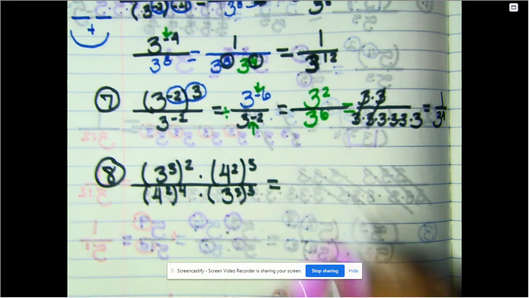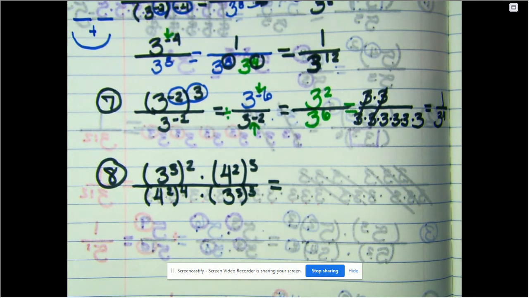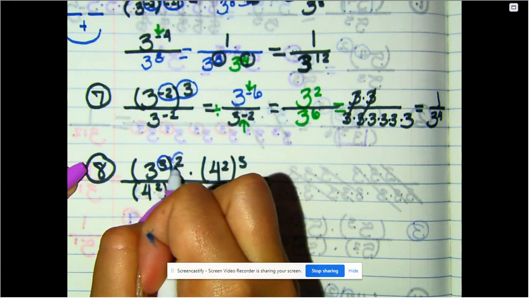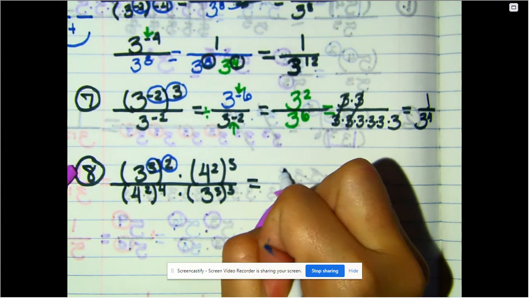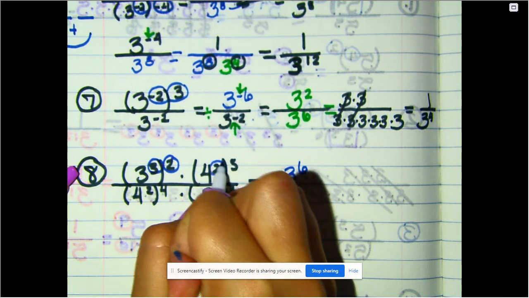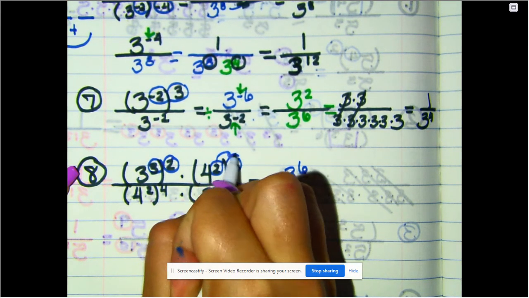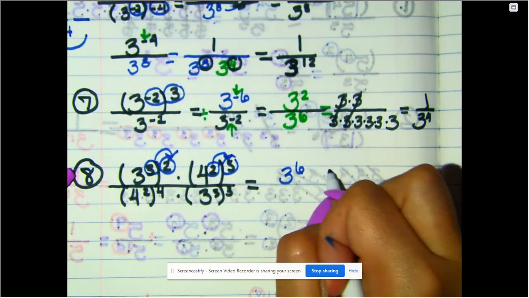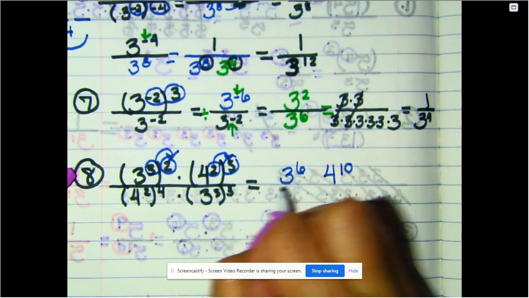Okay, so if you really, really want to, we can expand all of these out, but I'm going to use the power laws. Okay, so power laws, 3 times 2 is 6. So I have 3 to the 6th power. Power laws, 2 times 5, and again, it's power to a power, so I'm multiplying. 2 times 5 is 10, so that's 4 to the 10th power.